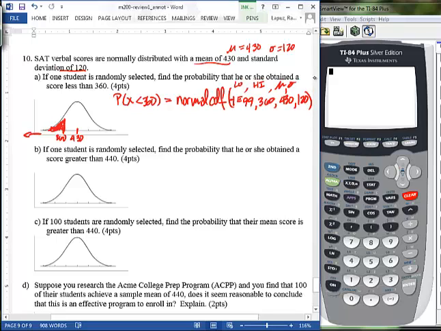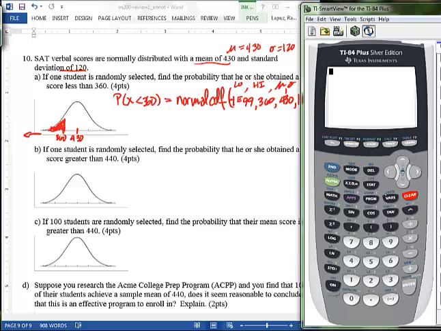Okay, let's see the keystrokes in the calculator for this. Let's go to our calculator. The normal CDF is under distribution, so second function, vars. There's a PDF function here that we'll never use in our class. One more down is CDF. Press enter. Now we'll start off making sure we have a negative sign. This is our negative sign.